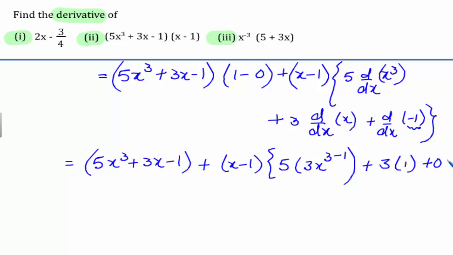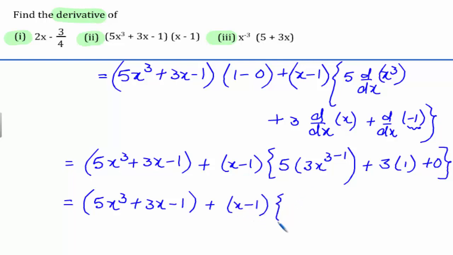This is further equal to 5x cube plus 3x minus 1 plus x minus 1 into 5 3s are 15, x raised to the power 2 plus 3.